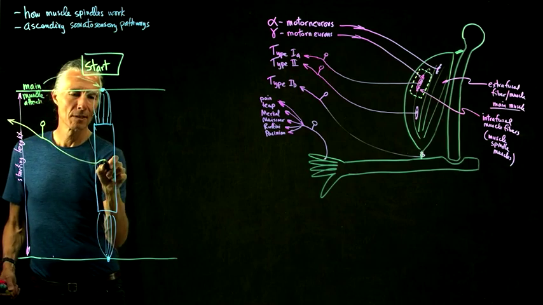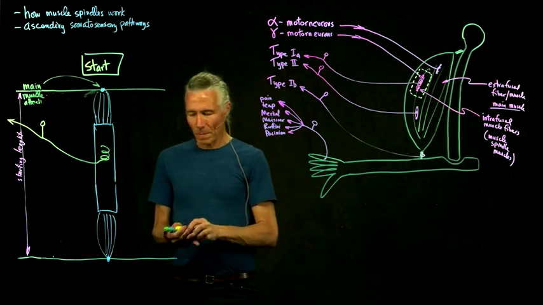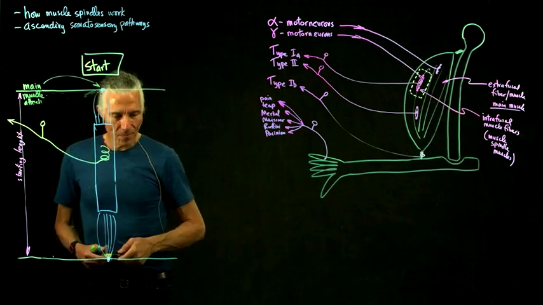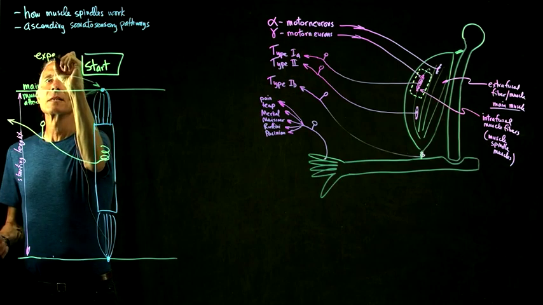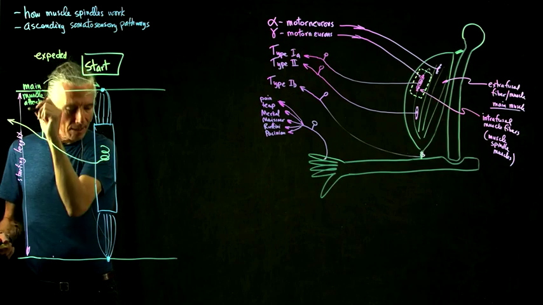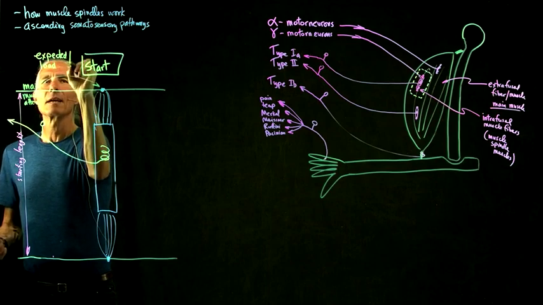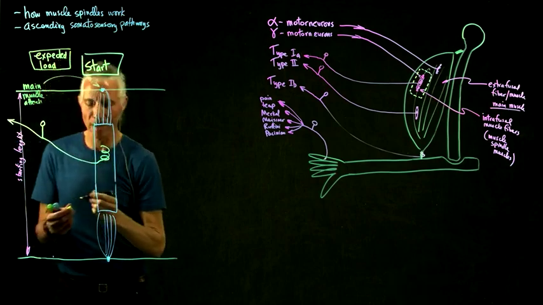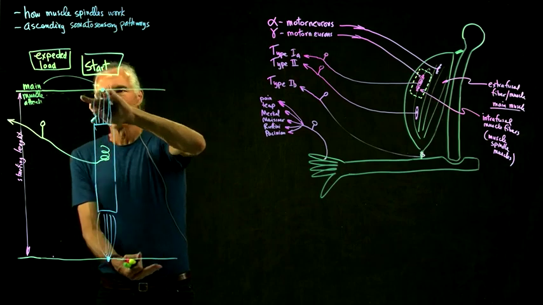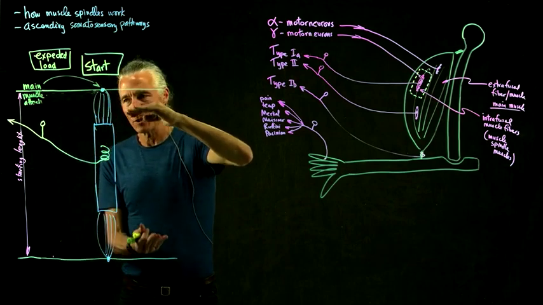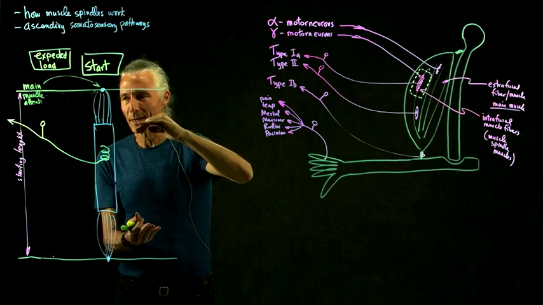And here's the little detector. So you make a prediction as to how much the muscle is going to contract, and you make that prediction by contracting the muscle spindle muscles. This whole main muscle is going to get shorter. It starts off here, and it's going to get shorter when you contract it.